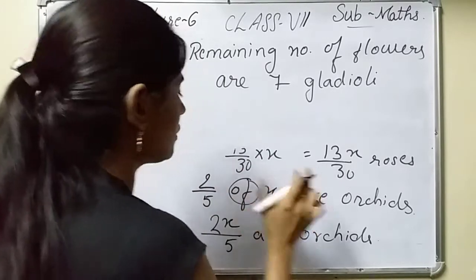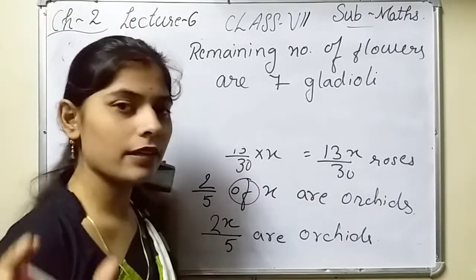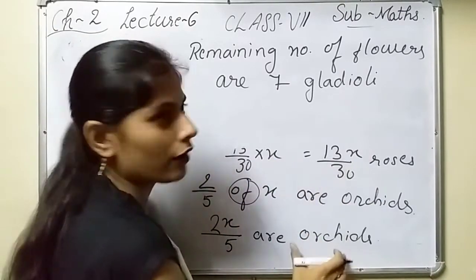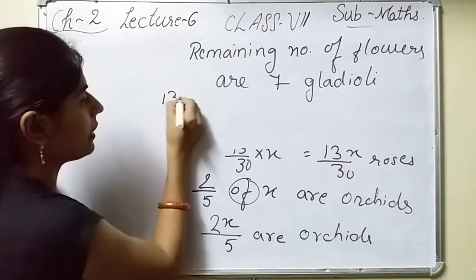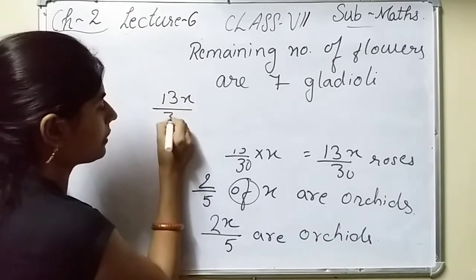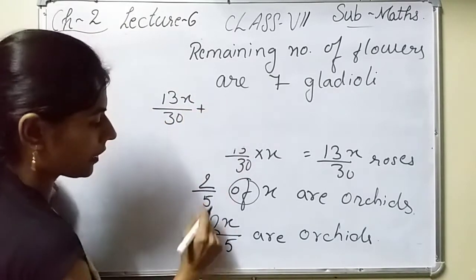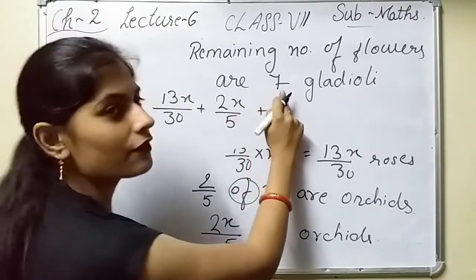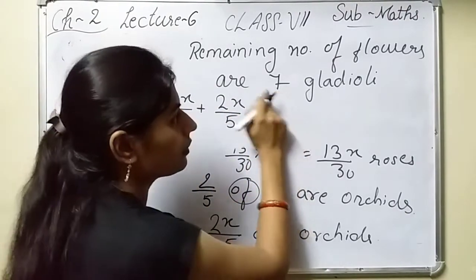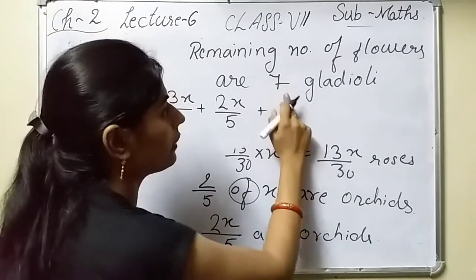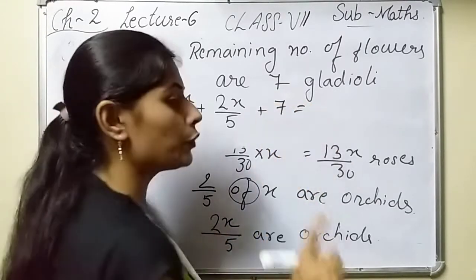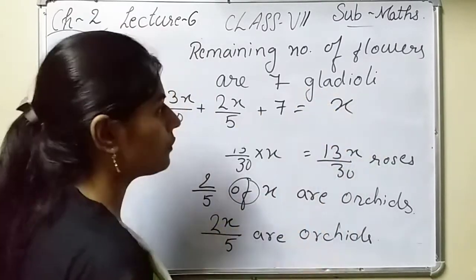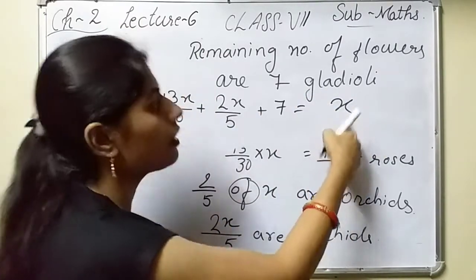Whenever "how many" is given in the question, it means you have to add all the flowers. So 13x by 30 plus 2x by 5 plus the number of gladioli, 7, is equal to what we are finding, the total number of flowers, which we assumed to be x.